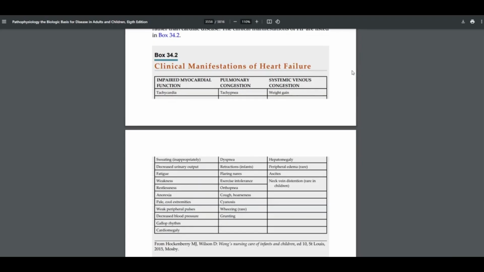If they're pale or have cool extremities, our pulmonary aspect might be cyanosis. If they have weak peripheral pulses, then pulmonary-wise they might have rales. If they have a low blood pressure, our pulmonary congestion may show grunting. And then we also have a gallop rhythm or cardiomegaly.